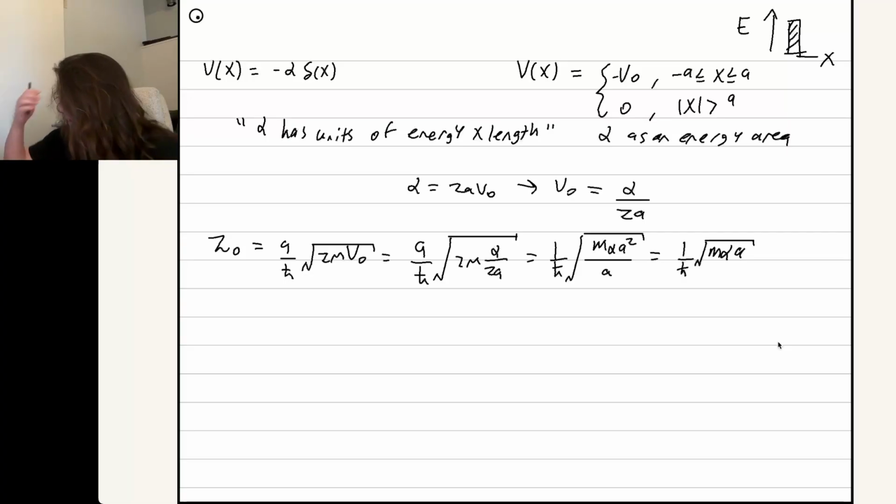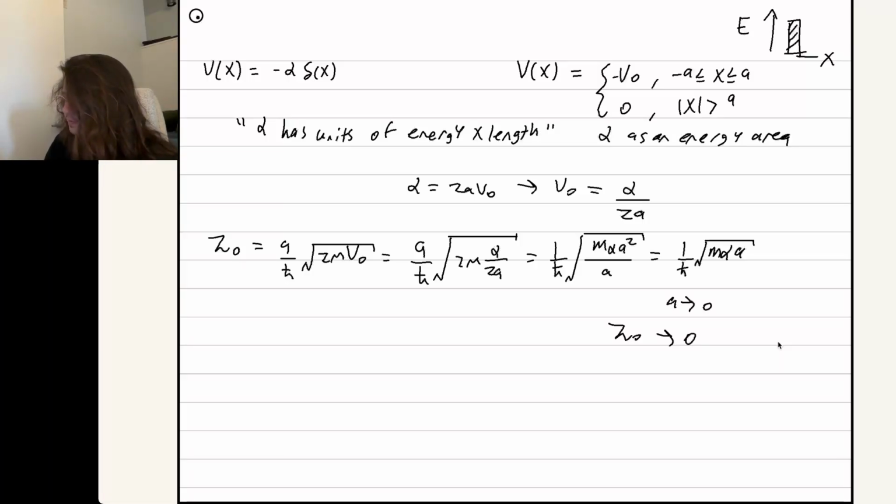Now, a is exactly half the width of the rectangle. And in the limit of the delta function being a really, really small width rectangle, we can let a go to 0, and so our expression for z naught will also go to 0.